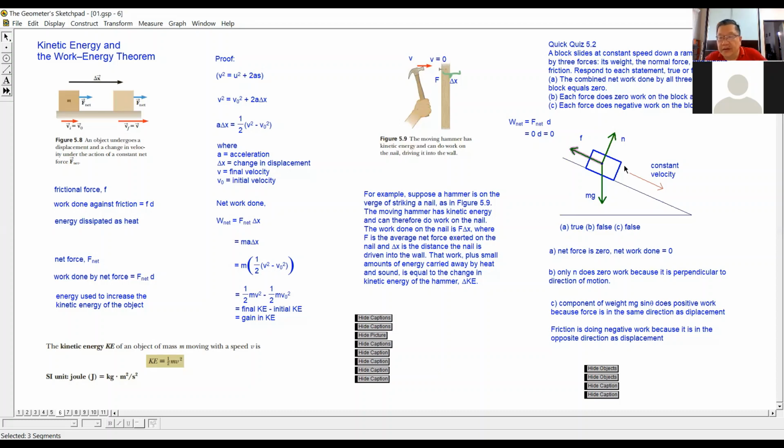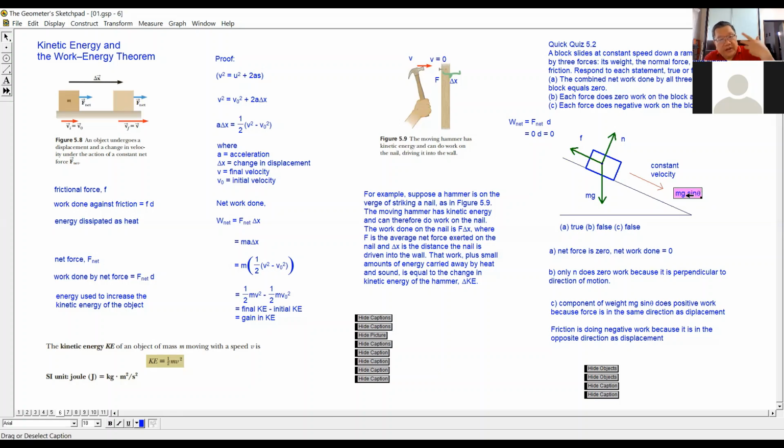Then the weight of the object has a component parallel to the plane, mg sine theta, in the same direction as the motion.